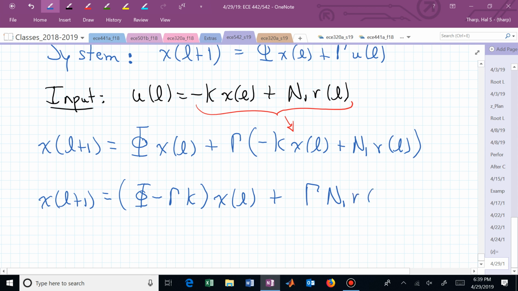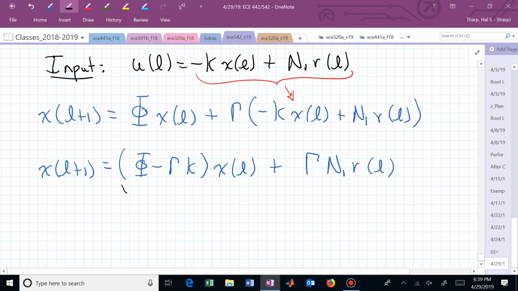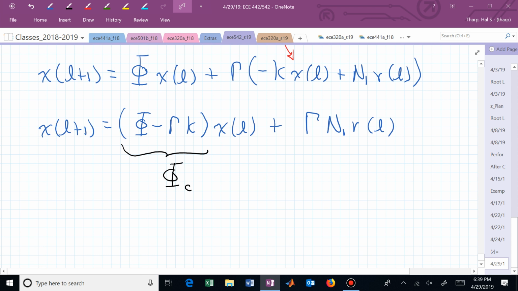And that now is how the reference input is directed into the controlled system, where the controlled system now has a system matrix governed by phi sub c. And what are the dynamics of phi sub c? Well, those are influenced by K, and if our system is controllable, we know we can make the eigenvalues of phi sub c whatever we want.